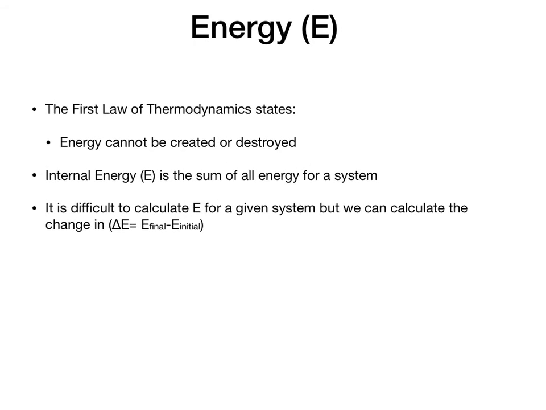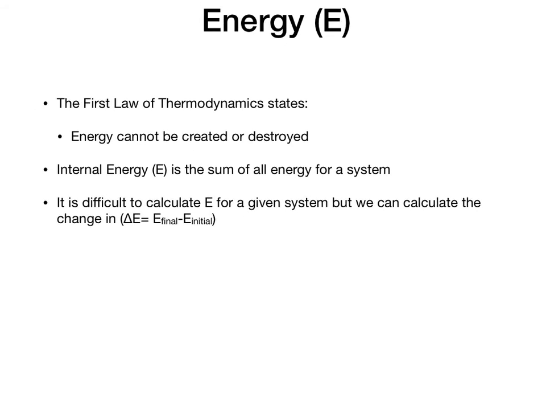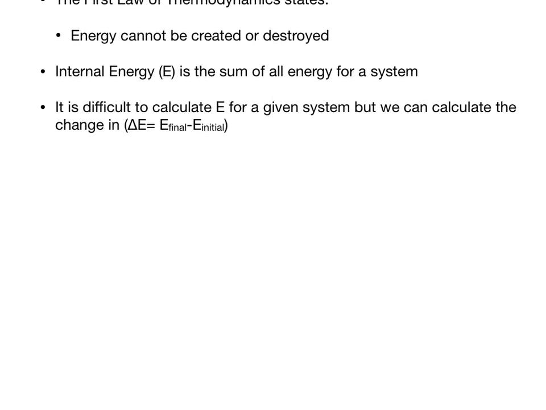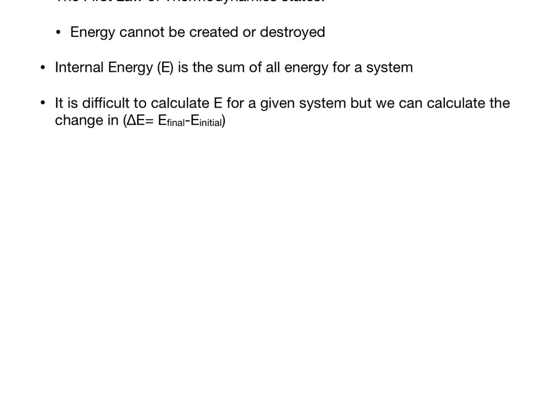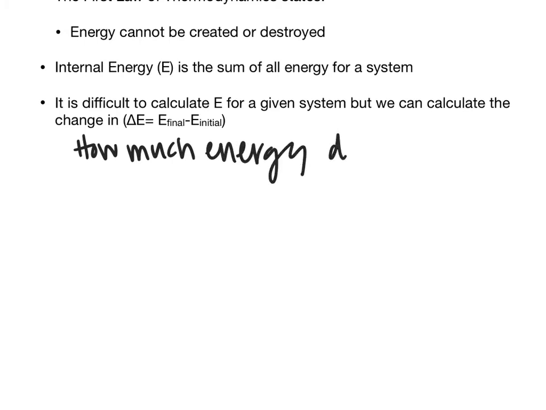The reality is it's really difficult for us to calculate the energy of a given system, but we can calculate the change in energy. So let's think about a practical example. We want to calculate the energy you spend to run 5 miles. So how much energy do you need to run 5 miles?